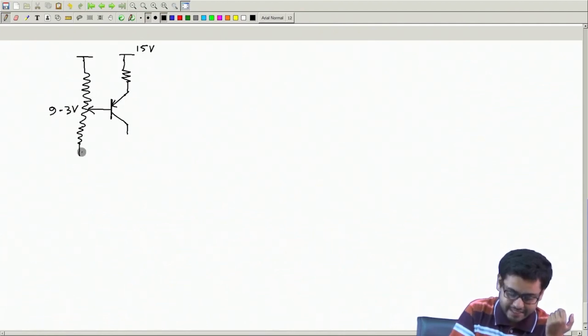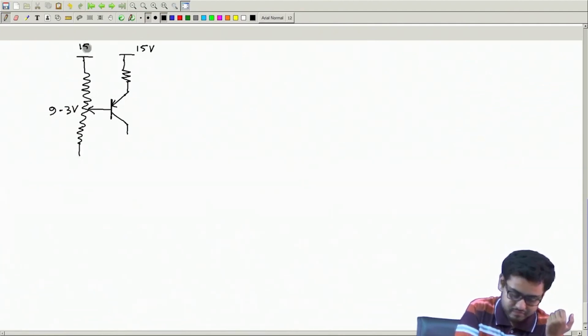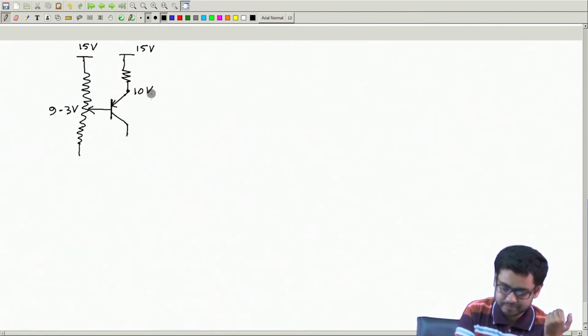So you can take the ratio of these resistances accordingly. So this voltage will be at 10 volt.